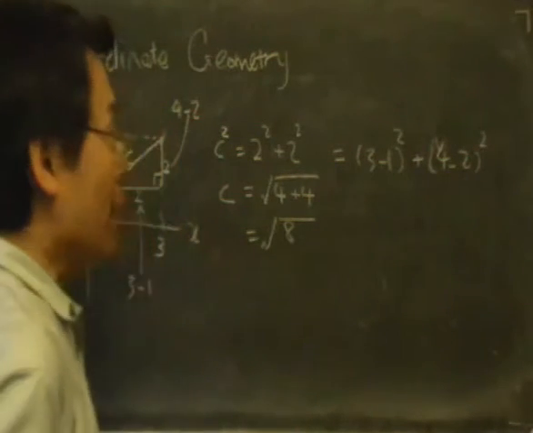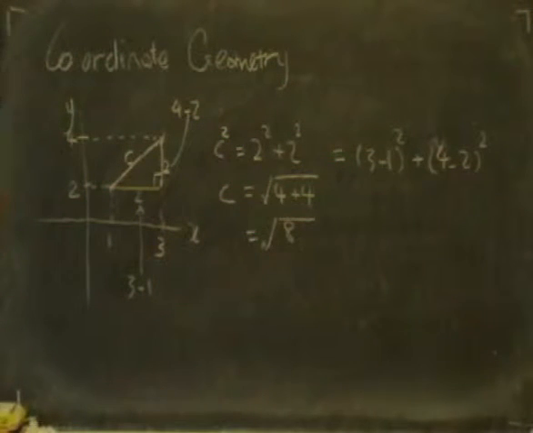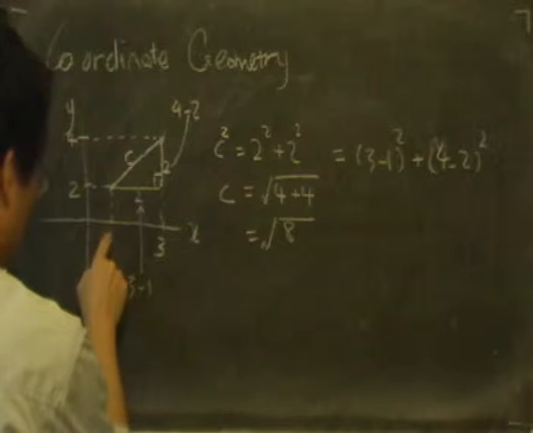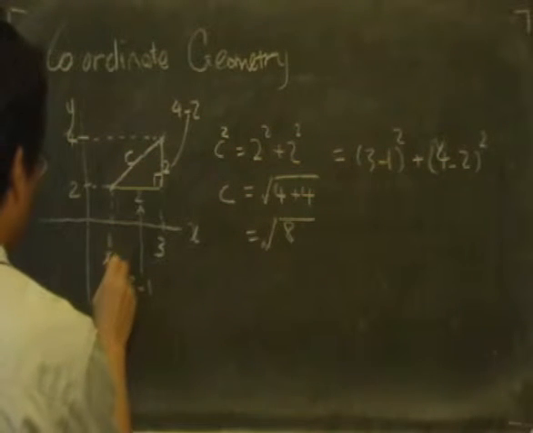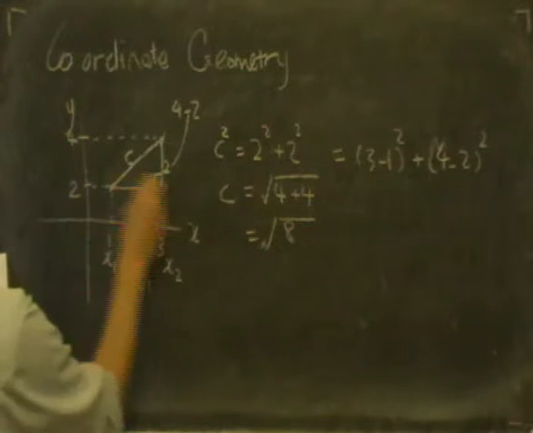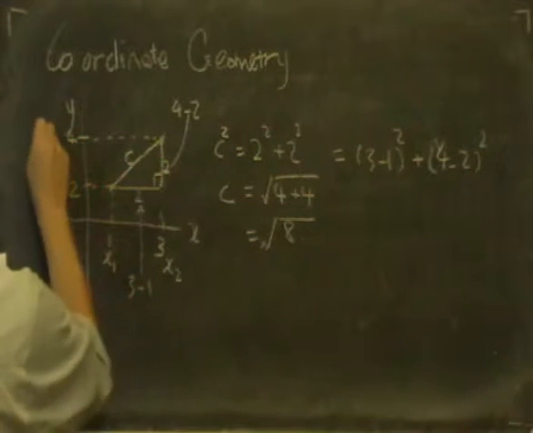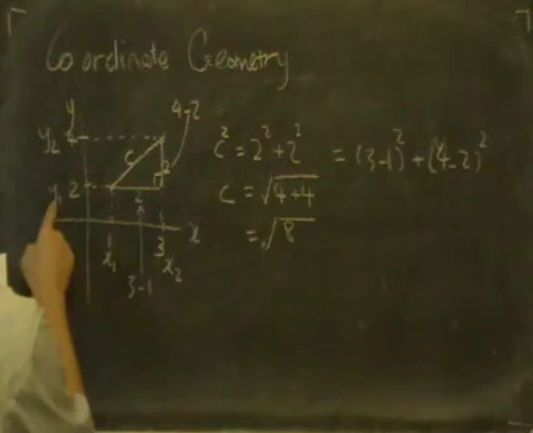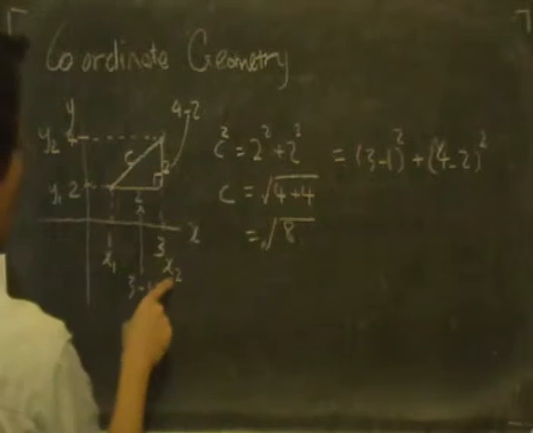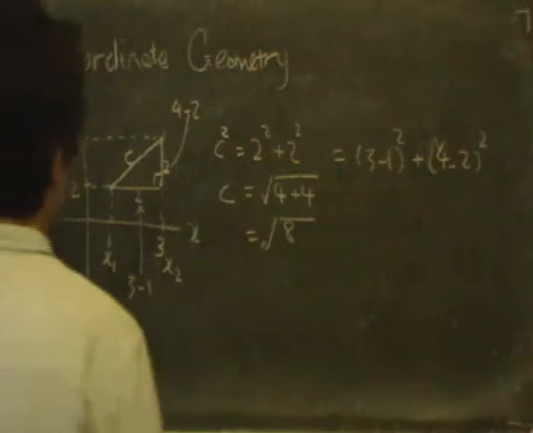To make a formula that I can use for any x and y, we could call this 1 here x1, the 3 there x2, and the y value here y1, the y value there y2. So x1, y1 refers to that point, so that's point number 1. x2, y2 refers to that point, so that would be point 2.